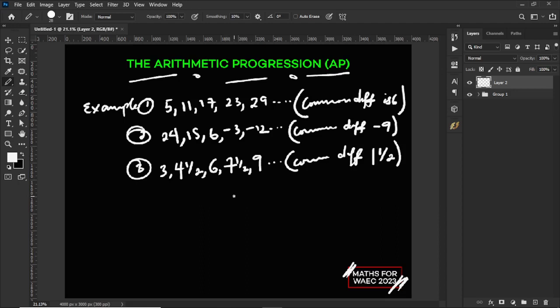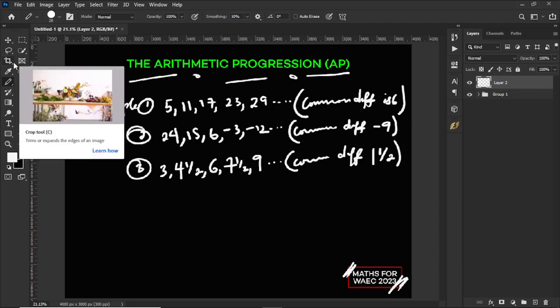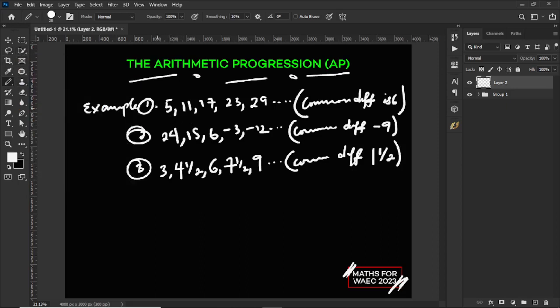That's what makes them AP. So right, take down this and write.